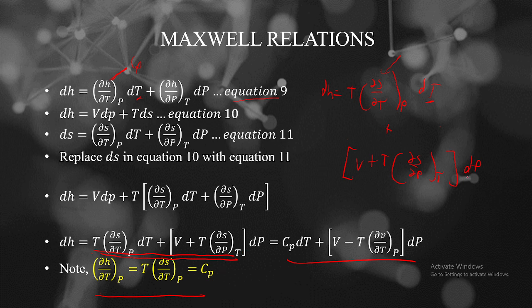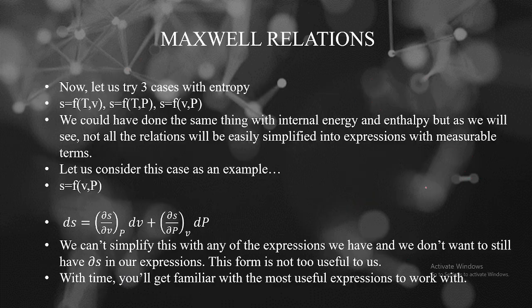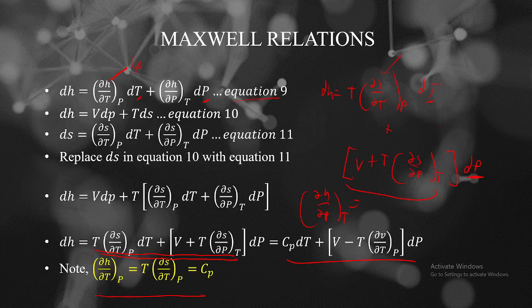Then I can also compare the coefficients of the dP here, so that del H del P at constant T becomes equal to this whole expression down here, right? I think that's what I did at the, oh, I didn't do that on the next slide, but that's what the expression is going to be.